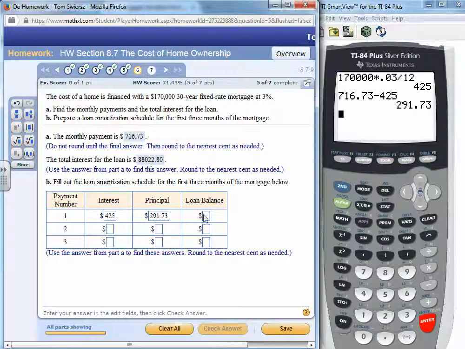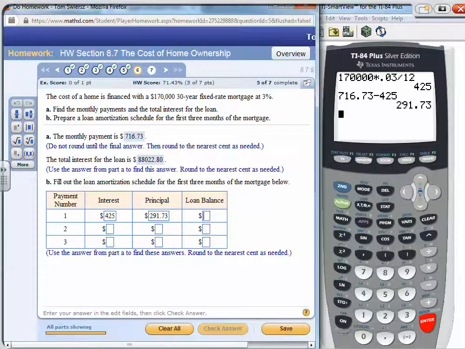Okay, now what's the loan balance? The balance at the beginning of the month was the entire mortgage, 170,000. So 170,000 minus what goes off the principal, 291.73.